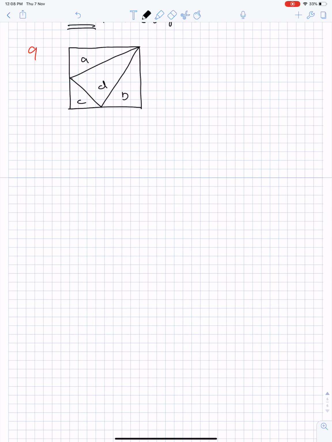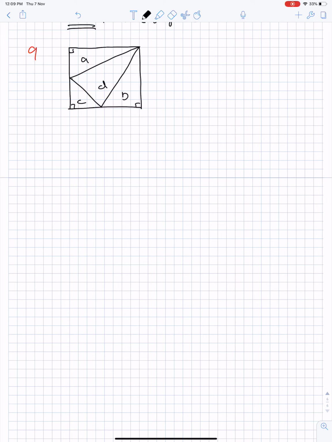Well, oh, right, okay, so technically that's one triangle, and A is one triangle, B is one triangle, C is one triangle, because it's a right angle triangle, right?